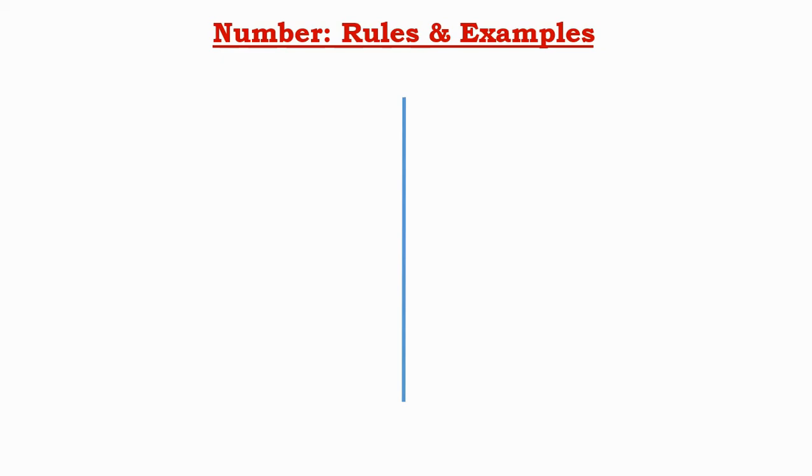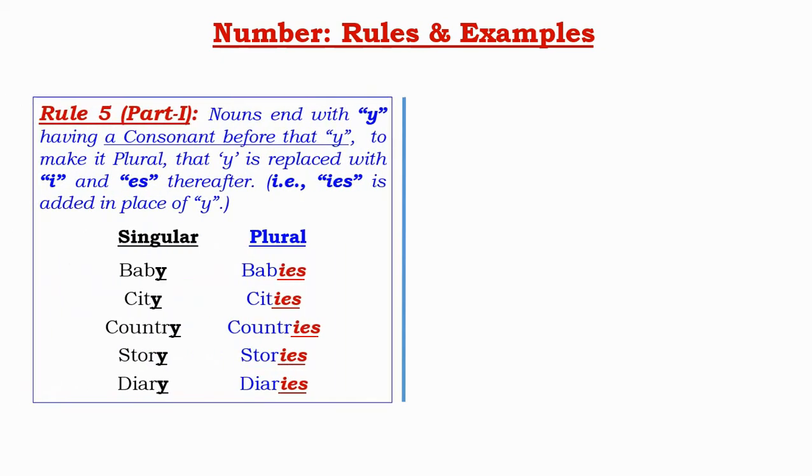In rule number 5, part 1, it is said that nouns that end with y having a consonant before that y, to make it plural, that y is replaced with i and es thereafter.